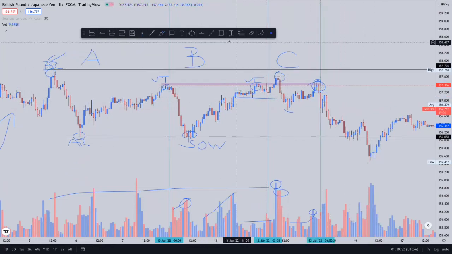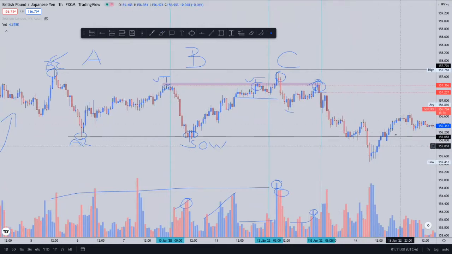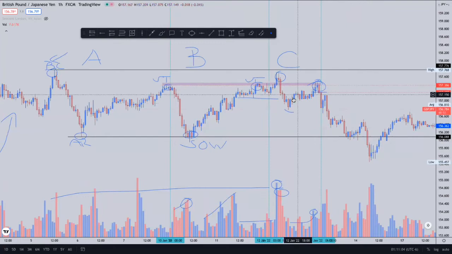So this is again what I mean by phase C, reversal formation. Phase C will usually give you your first entries, which are typically more aggressive, but if you can spot this and you can spot the early signs of weakness on the other side of the market, then this entry is totally fine by any means.